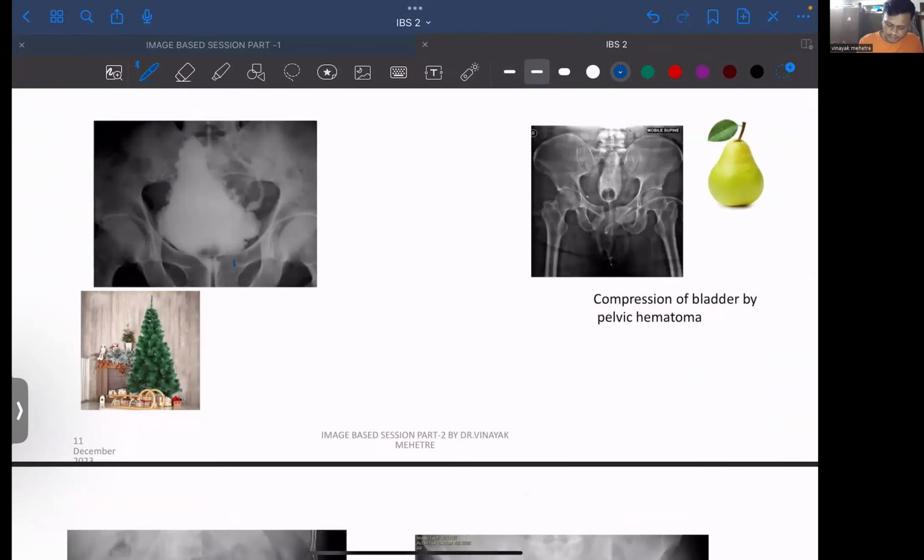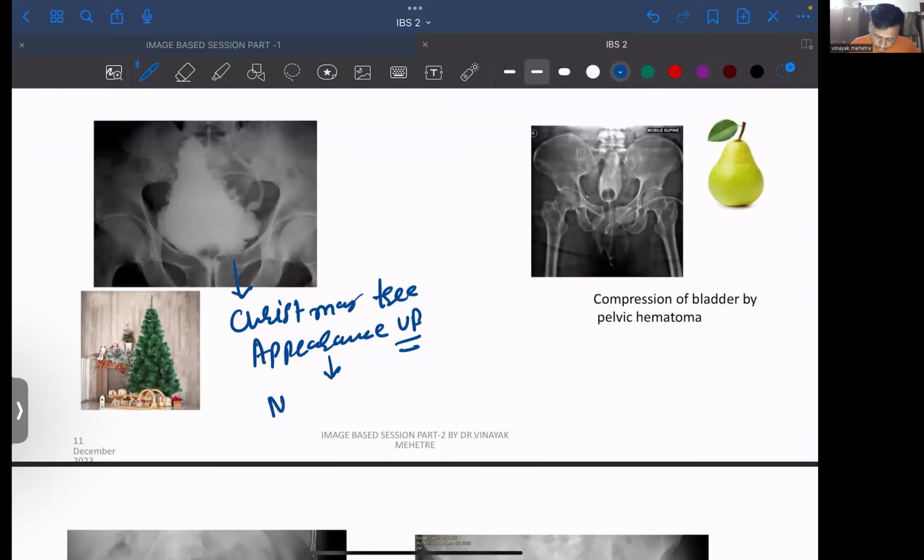This is called Christmas tree appearance of urinary bladder, and it is seen in what? Neurogenic bladder.